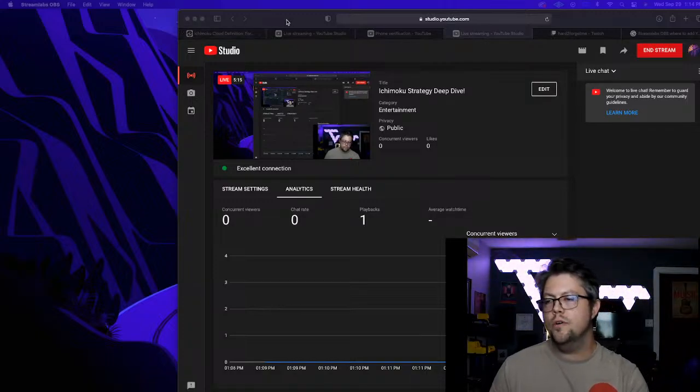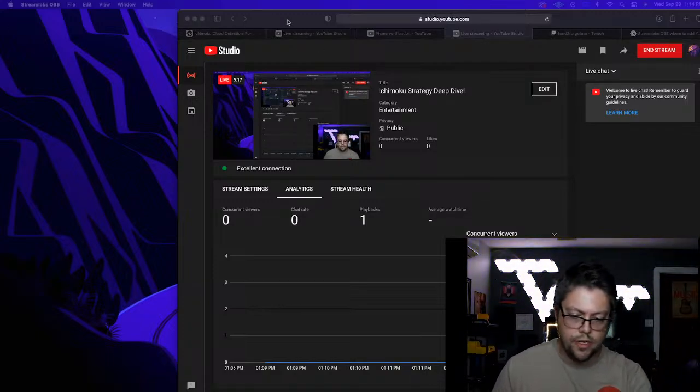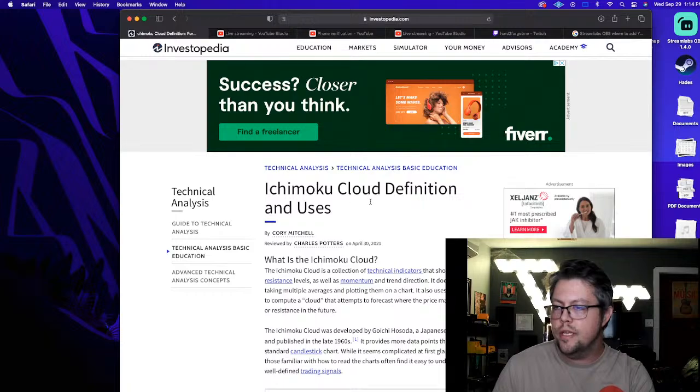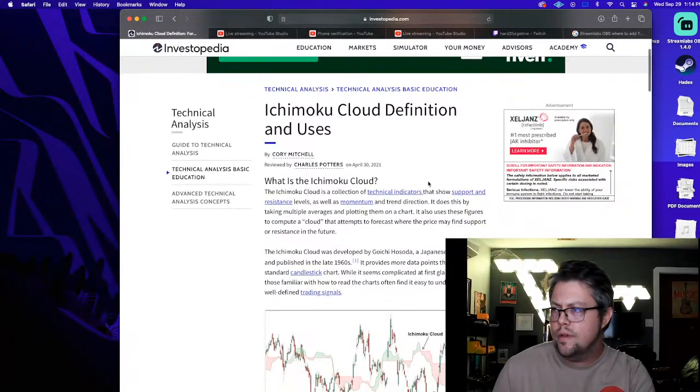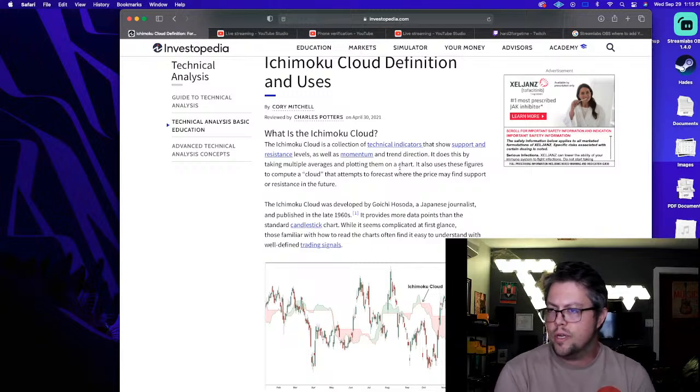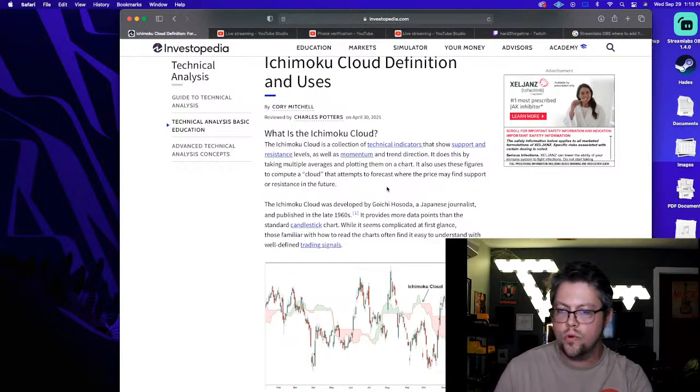All right. So anyways, my name is Taylor, and I am here to talk about the Ichimoku indicator, Ichimoku Cloud. And this is a collection of technical indicators that show support and resistance levels, as well as momentum and trend direction. It does it by taking multiple averages and plotting them out on a chart. It also uses these figures to compute a cloud that attempts to forecast where the price may find support or resistance in the future.